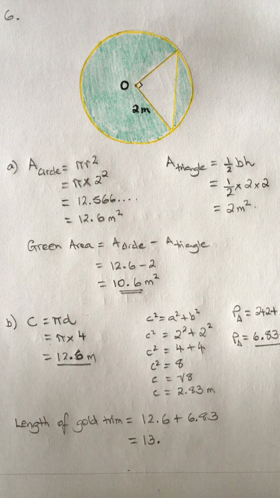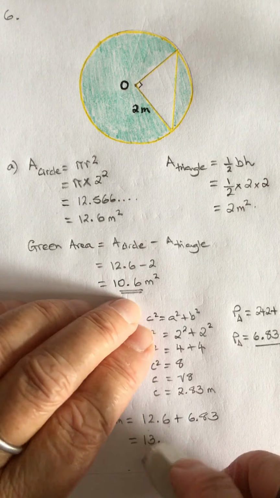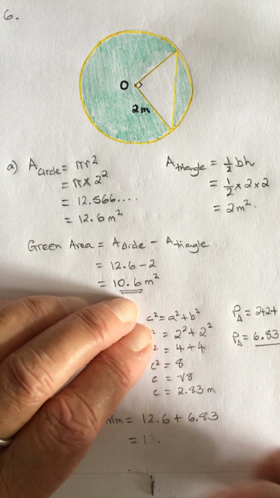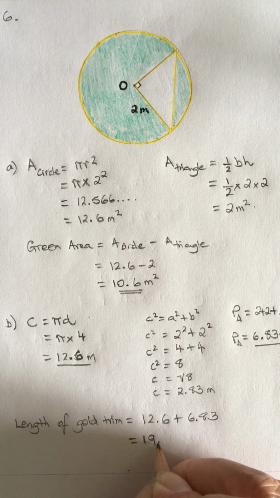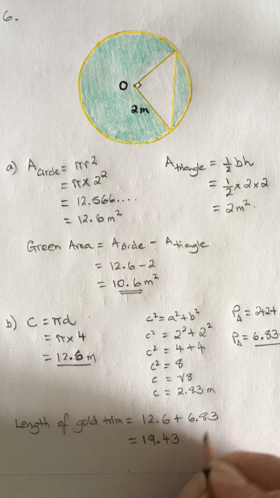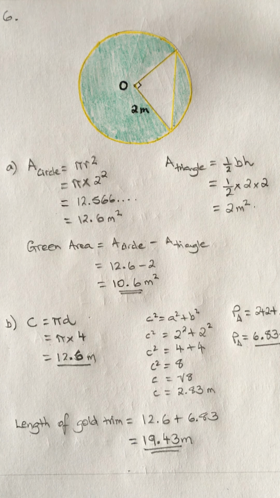Let me just do it in the calculator: 12.6 add 6.83 equals 19.43 metres. Okay, that's the answer. I hope that makes a bit more sense. Thank you.